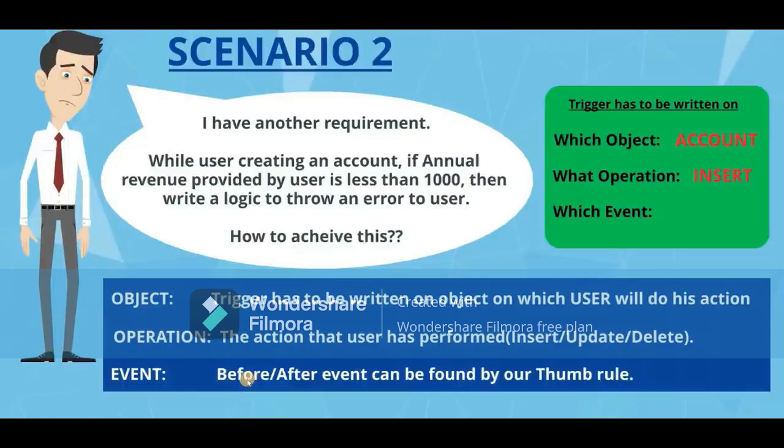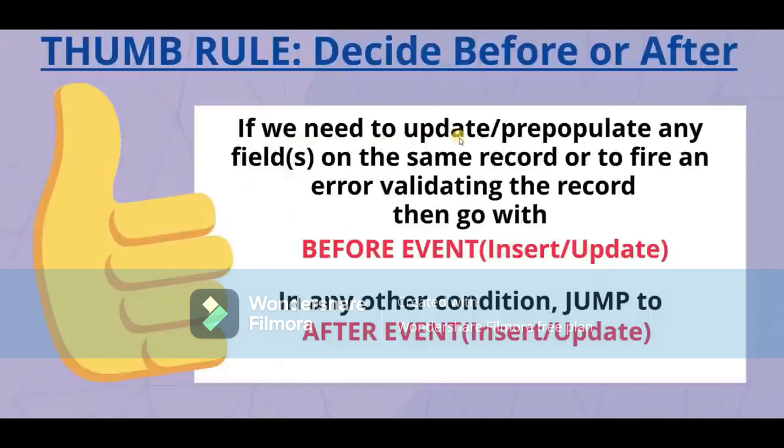Now the event. Before or after event can be found by using our thumb rule. So you remember our thumb rule? The thumb rule says if we need to update or pre-populate any fields on the same record, or to fire an error validating the record, then go with the before event. In our scenario, we need to validate the record, checking for annual revenue less than 1000.